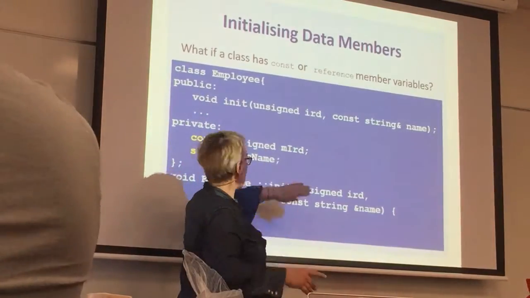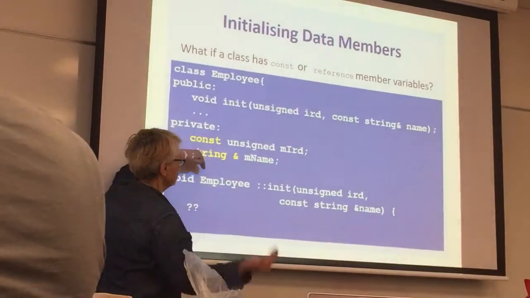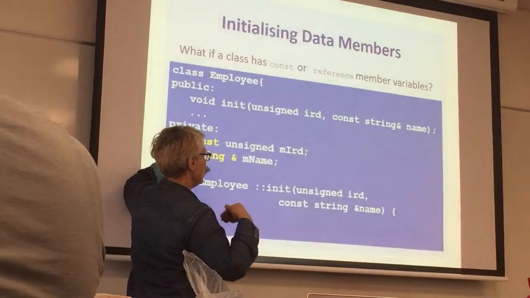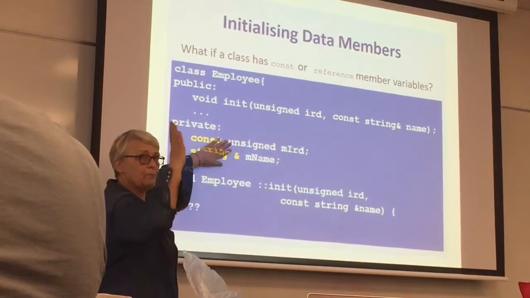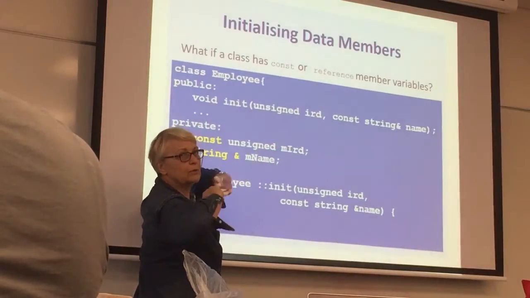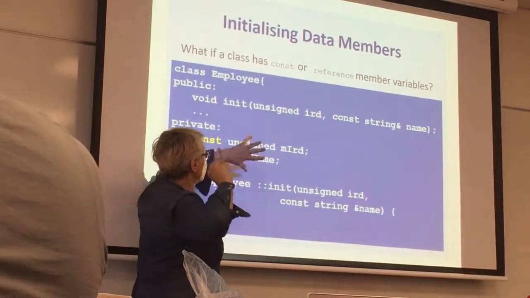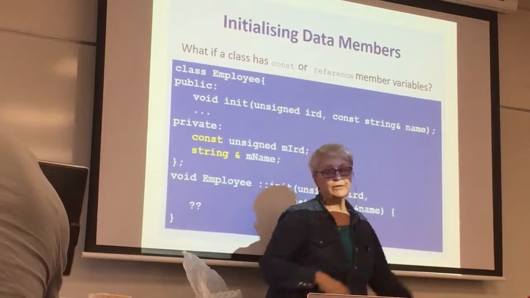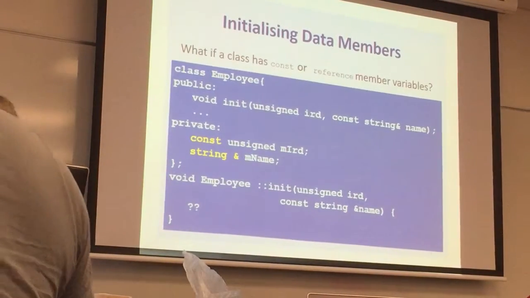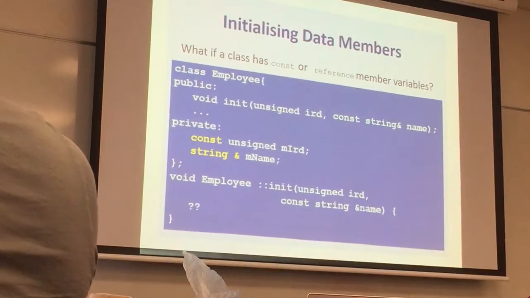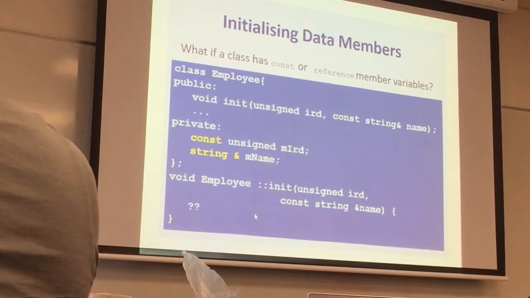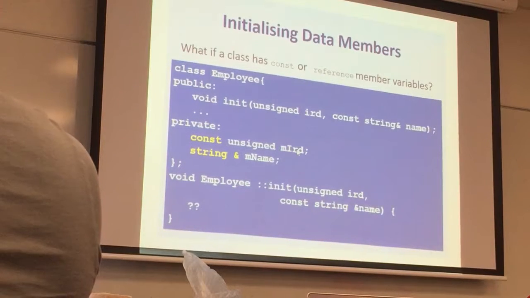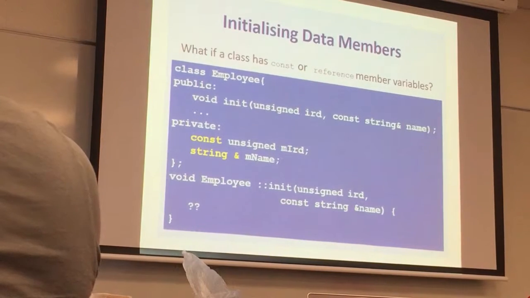Second, cases like constant data members or reference members, where you have to set values when you declare them. For this type of variables, an init function like that doesn't work. How can you write code here to initialize a constant data member, which was declared previously?